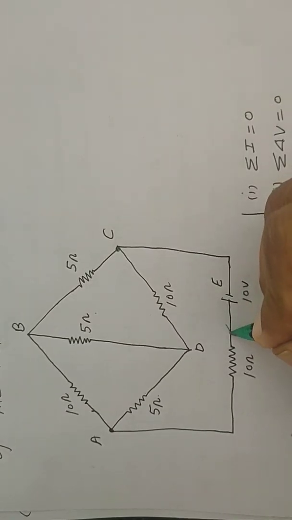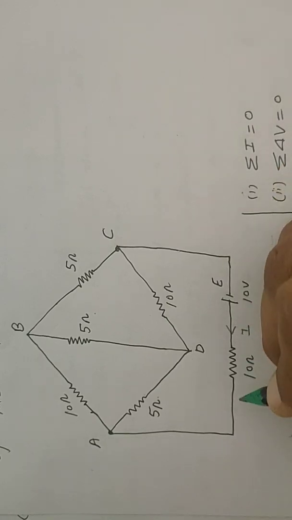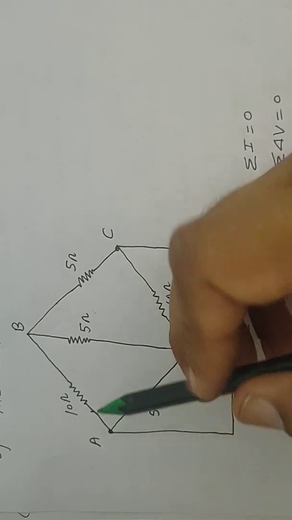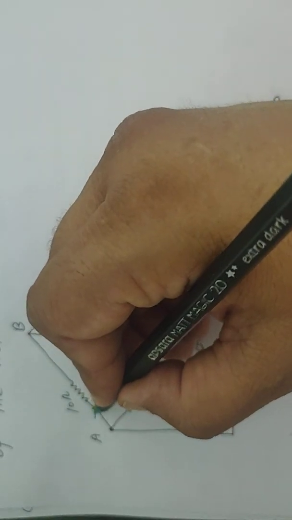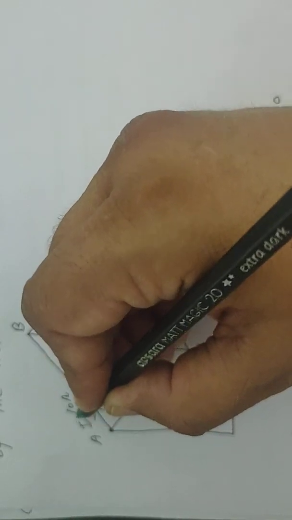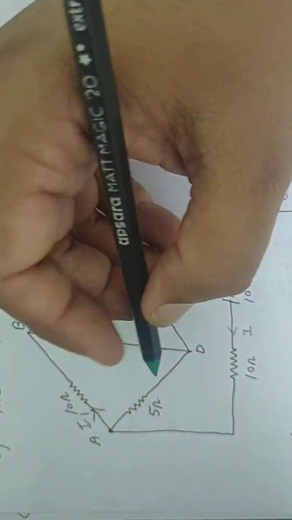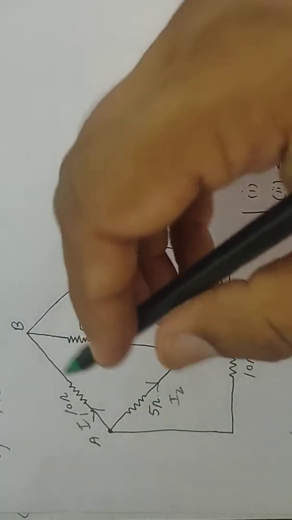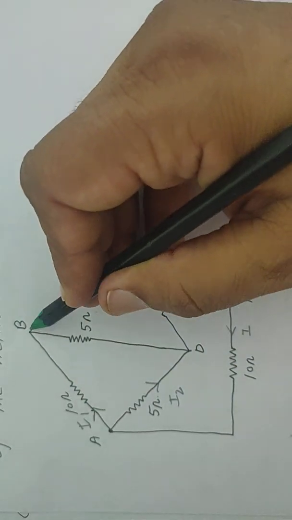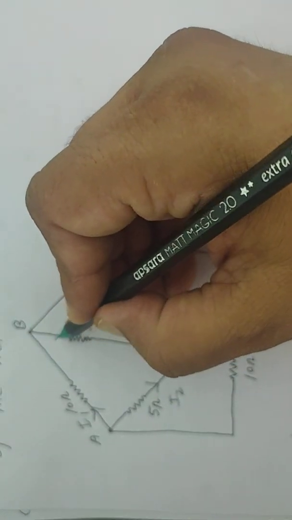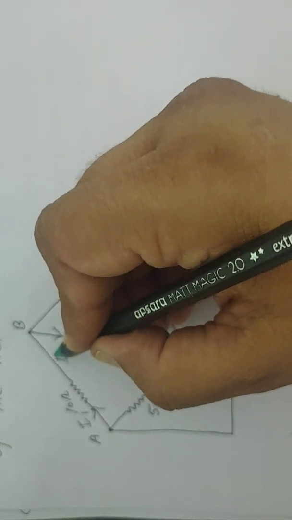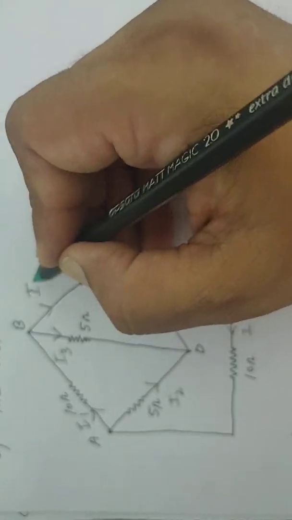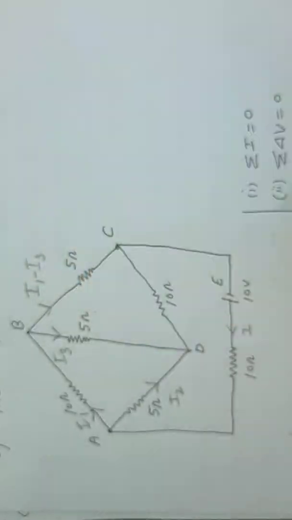Say I current is coming out of this cell, it goes in this direction. Here at A it divides into two parts. Say current I1 is going in this direction and I2 going in this direction. Here I1 is going, again there is a junction. We assume I3 is current flowing in this direction, and in this direction I1 minus I3 current is flowing.